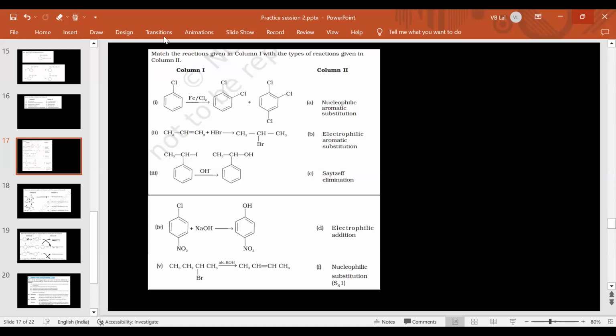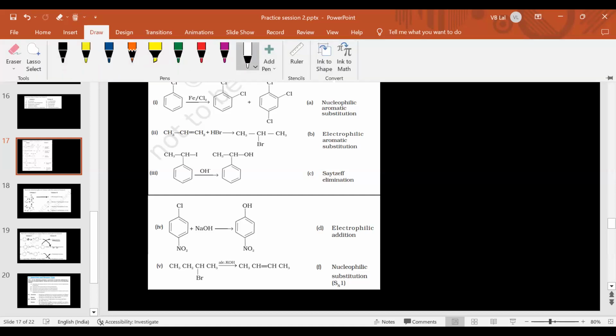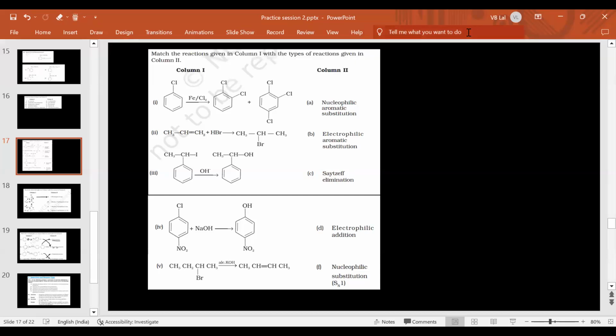Ma'am, all reactions of the benzene ring, what type of reaction is it? Addition? No. See, I have to explain this part to you. If I write it like this, you may not understand.